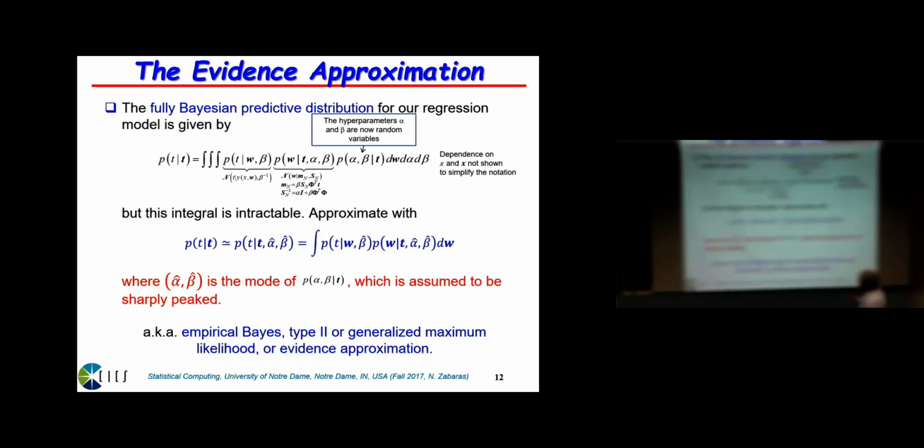When we analyzed this more than a few lectures ago, we computed the posterior of W, which comes to be Gaussian. By the way, we use a Gaussian prior model for W, remember, with precision alpha.